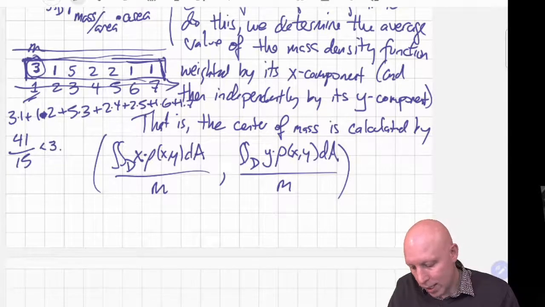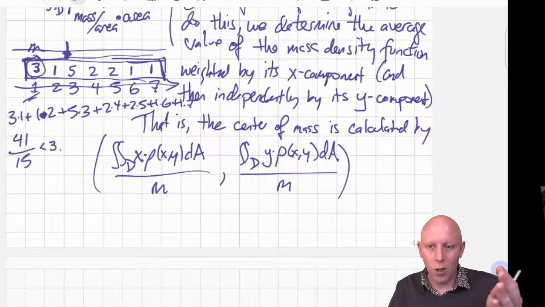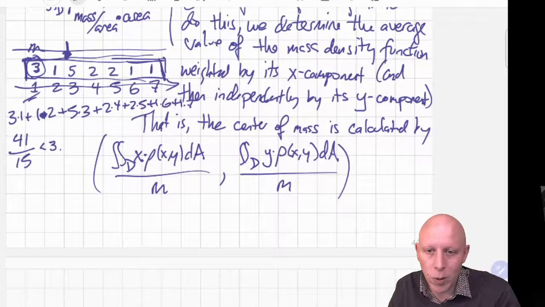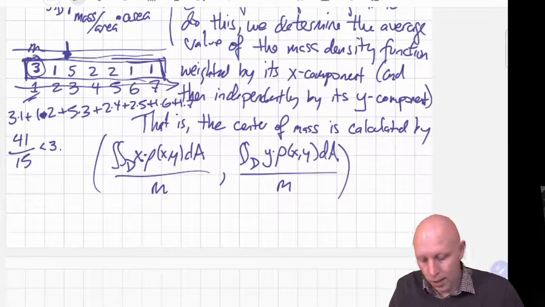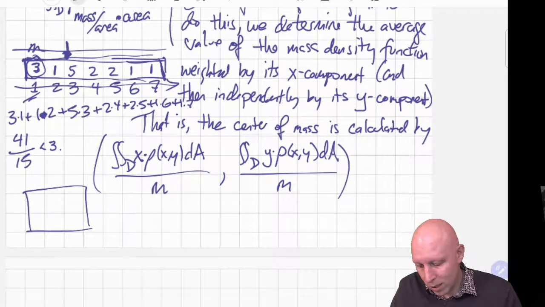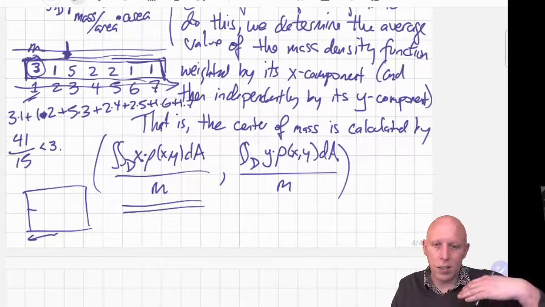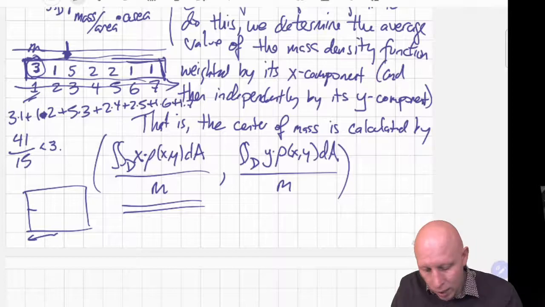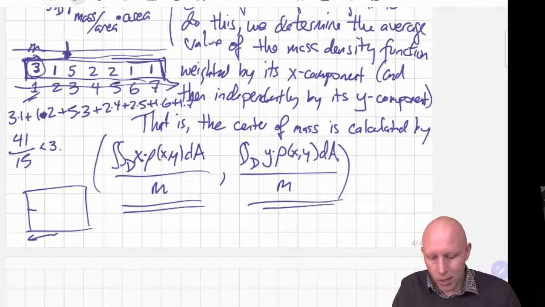What that's saying is that the center of mass of this object is located over there on the left side, as we would expect. And when we're dealing with an object in 2 dimensions, we're basically finding the x-coordinate independently of the y-coordinate of the center of mass.